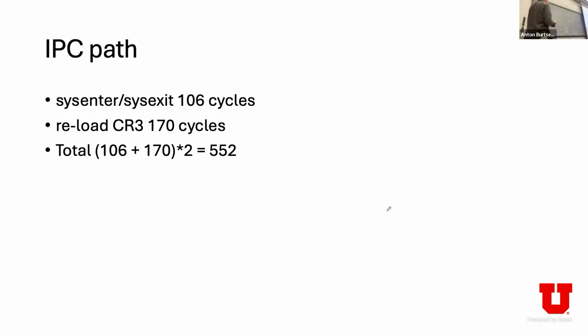Remember, if it takes you 110 cycles to enter, 170 cycles to switch page table, then arguably marshalling those arguments would take you another 20 cycles or so. But nowhere on the critical path do you involve the scheduler, so you don't make a decision about which process runs next. You always immediately unblock the process which is ready to receive from this endpoint, right? Okay, cool. That's one design, but still it takes you roughly 850 cycles, which is not fun, right?